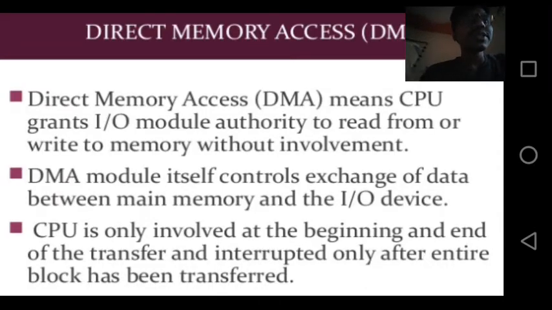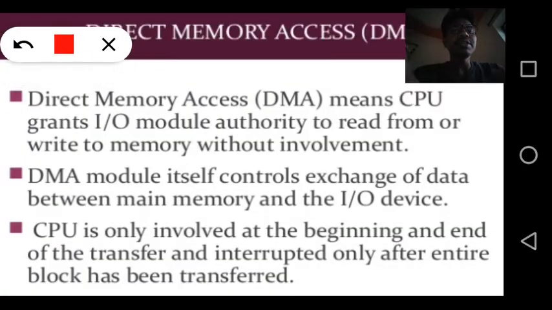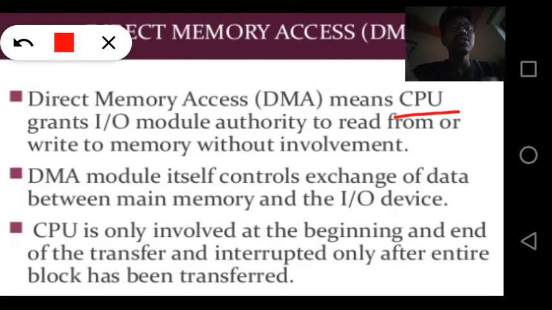Direct memory access, or DMA, means the CPU grants the IO module authority to read from or write to memory without its involvement. The processor will not transfer the large amount of data; it hands over the job to a dedicated IO module.